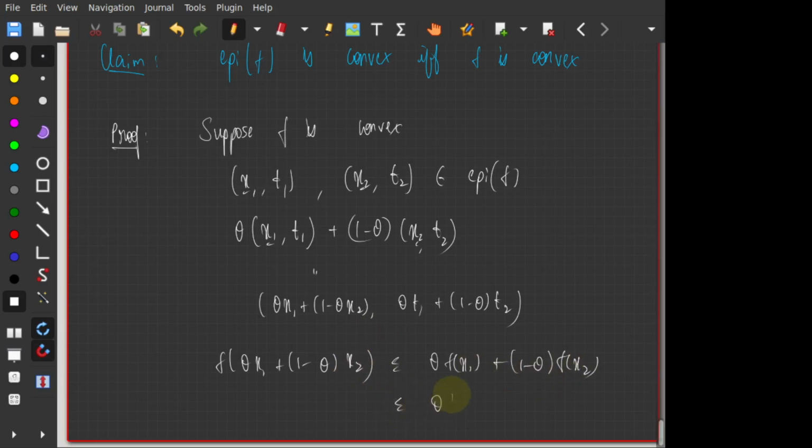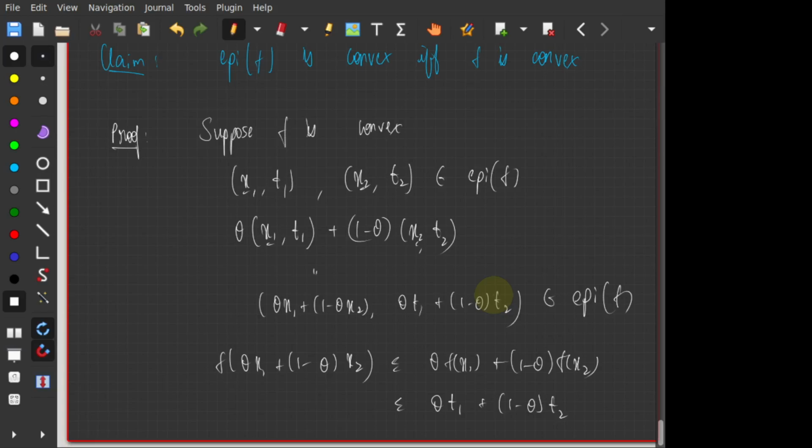This is less than or equal to theta t1 plus 1 minus theta t2, which means that this is also in the epigraph. And you can prove the other way around similarly.